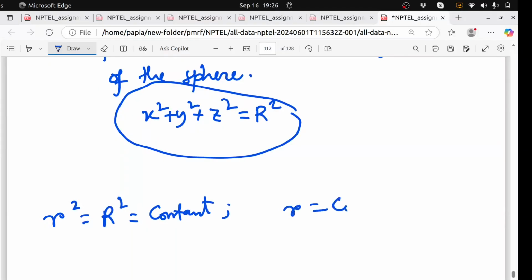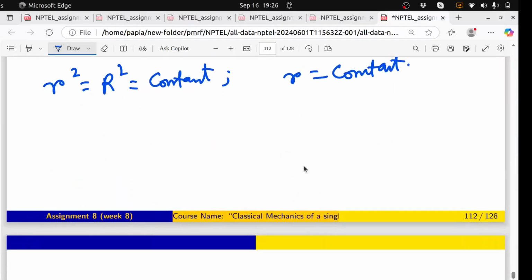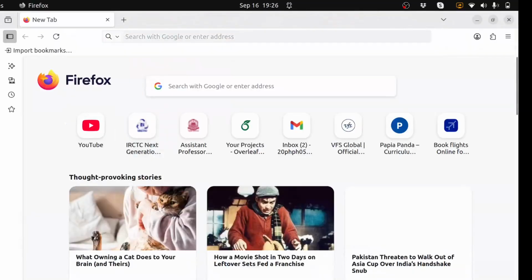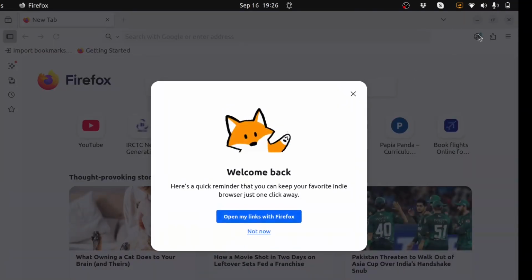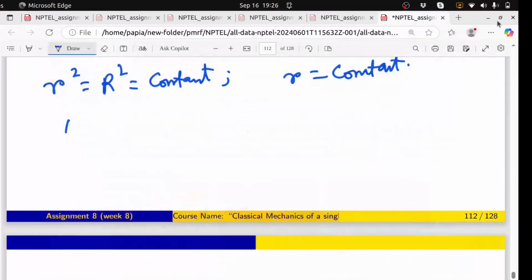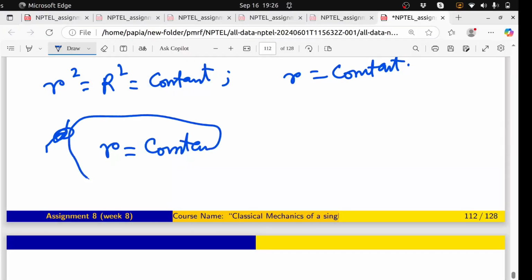and R is constant. So the constraint equation is r equals to constant.